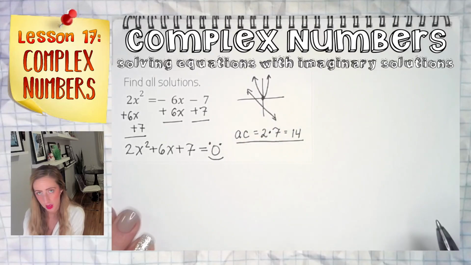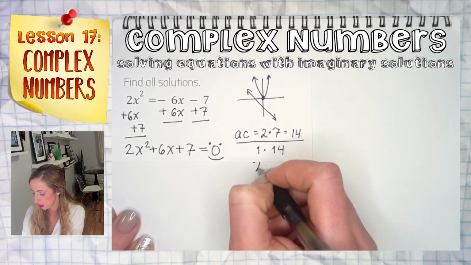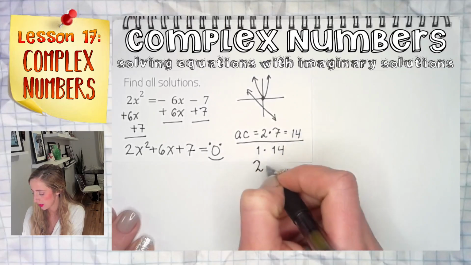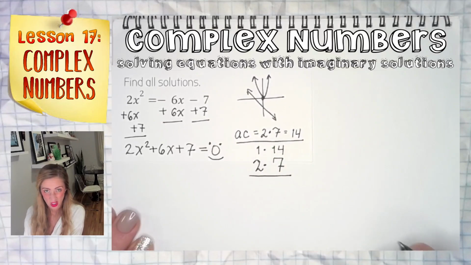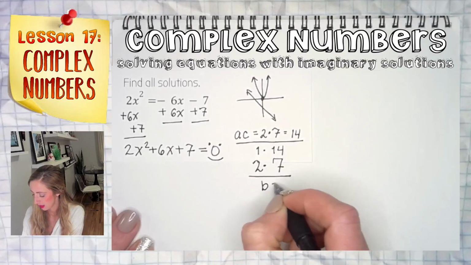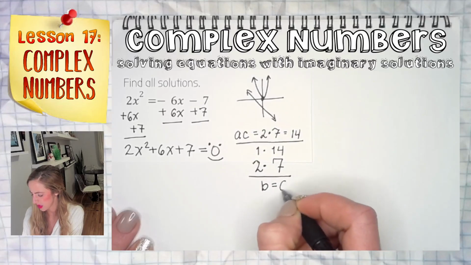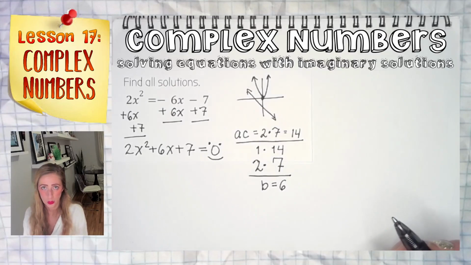Then I'm not going to try to be a hero. I'm going to go through everything. 1 and 14, 2 and 7. That's everything. Do we have a pair of numbers on our list that can add or subtract to give me 6? No, we don't.